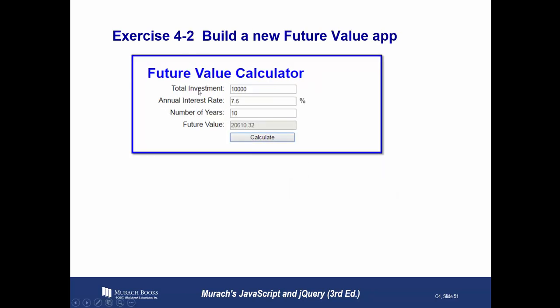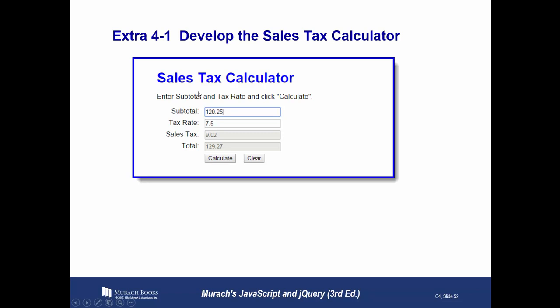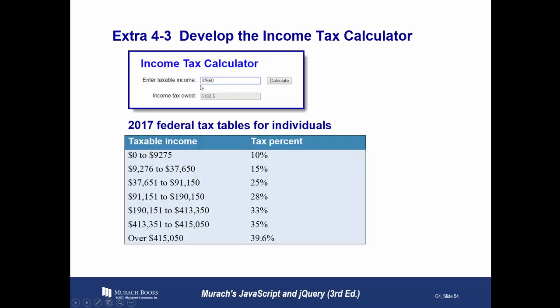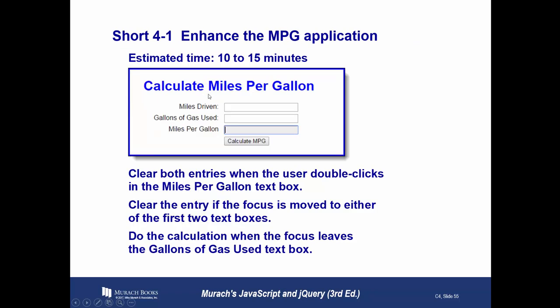Here's a future calculator app. There's a sales calculator app, a change calculator app, and an income tax calculator app. So what we're moving to with this example is to clear both entries when you click the miles per gallon text box. In other words, you put a value here, you put a value here, you click, you get your answer.